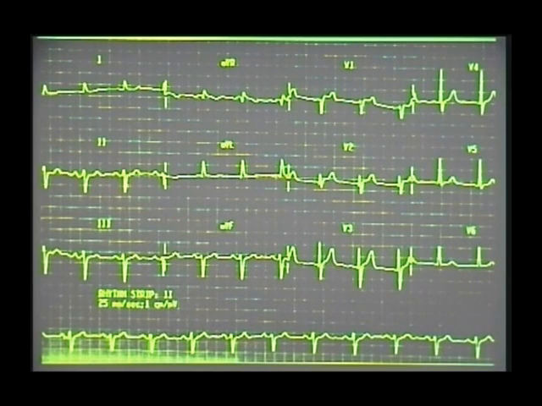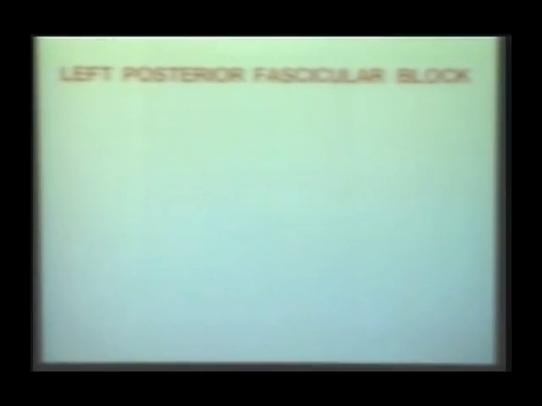You see lead 2 there, lead 3 there, and aVF there. Initial small positivity, deep negativity, small positivity, negativity. So the initial vector is coming down and right, the terminal vector is going up and left, resulting in a left axis deviation. Very small QRS widening. So this is a classical ECG of left anterior fascicular block. This is the clue: the inferior leads looking exactly similar is a clue to diagnose left anterior fascicular block.